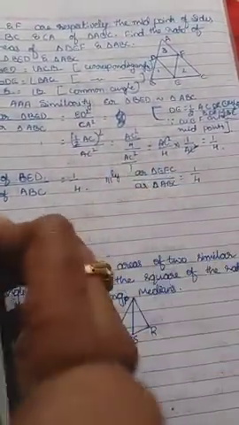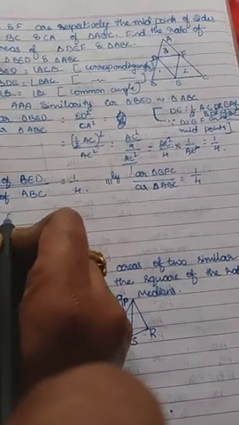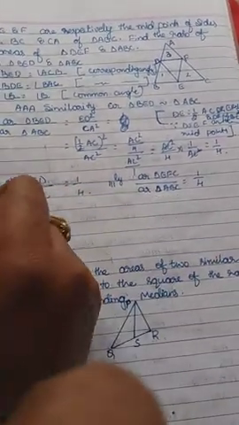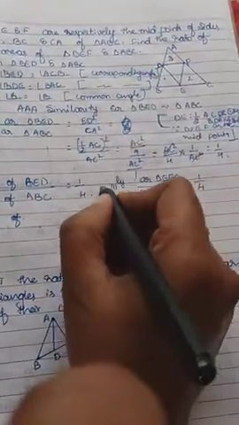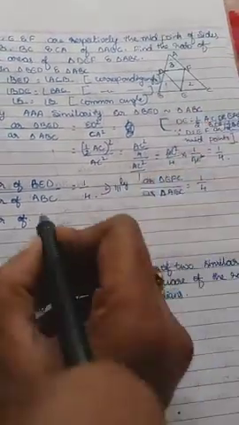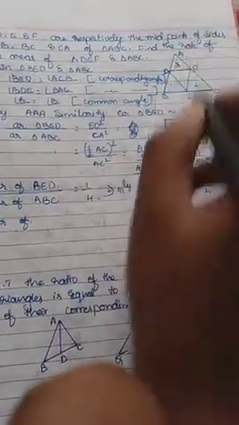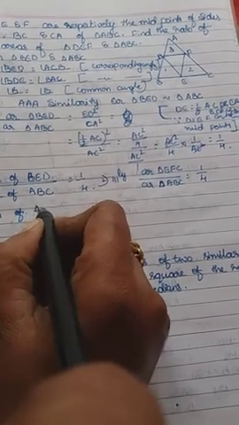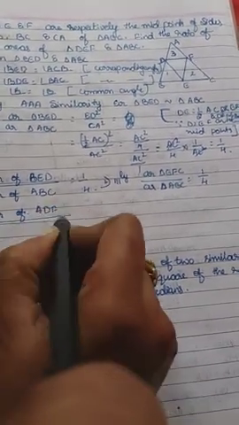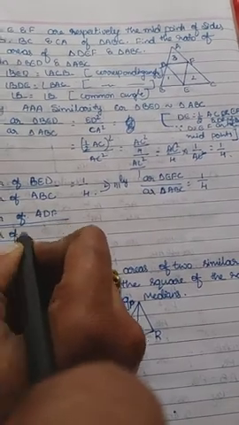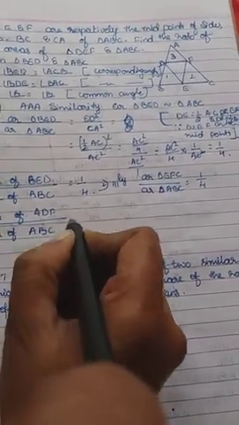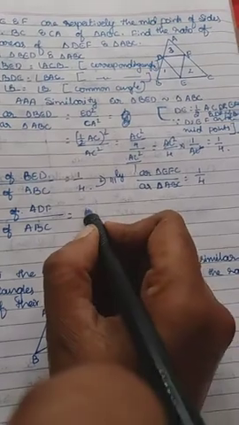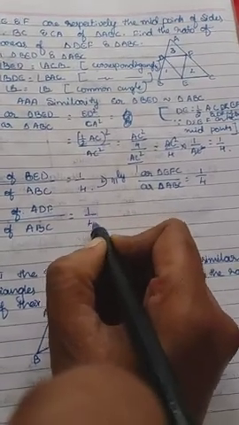In the same way, one more triangle. This is the first one we proved, this is the second one, and this is the third one. So which is the third one? That is the area of triangle ADF divided by the same area of triangle ABC, which will be 1 by 4 only.